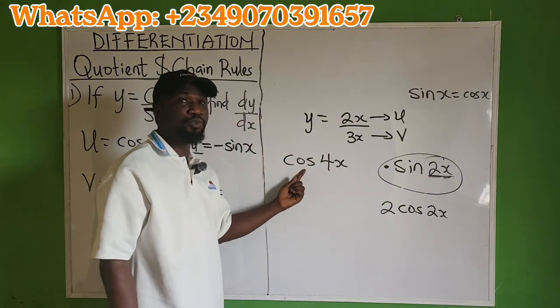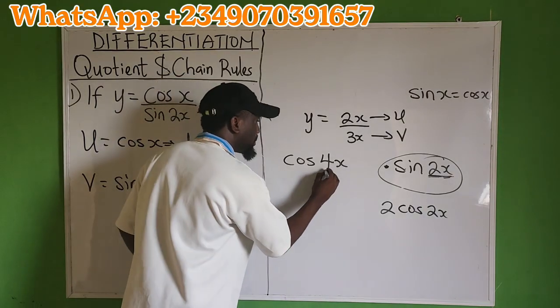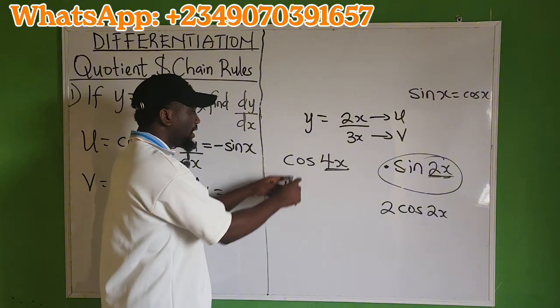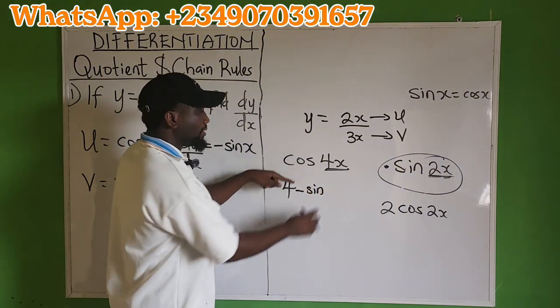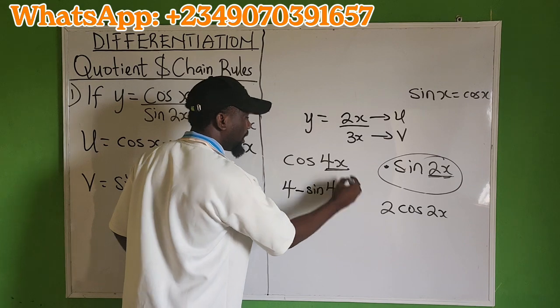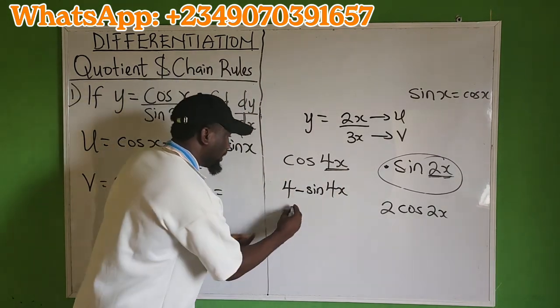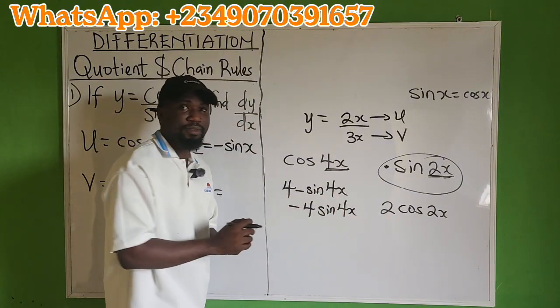The answer for this won't be minus sine 4x. No. First things first, differentiate this 4x, that will give us 4. Differentiate cos, that is minus sine. Then repeat this, that will give us 4x. But in this case, this negative needs to come here. So I'm going to have negative 4 sine 4x.